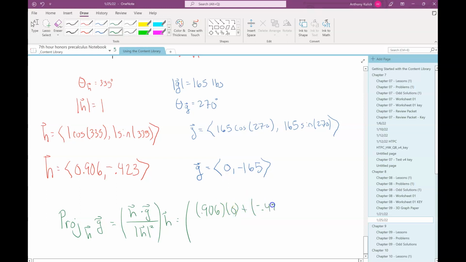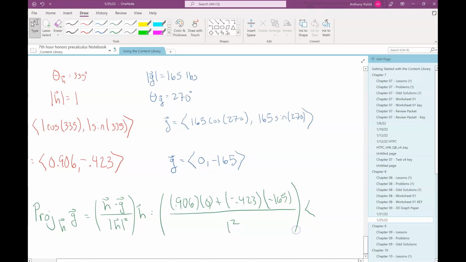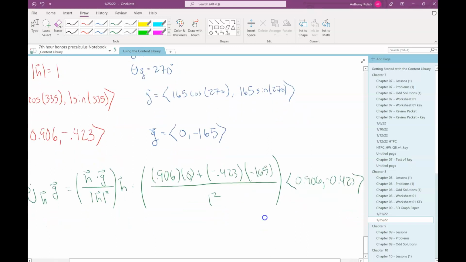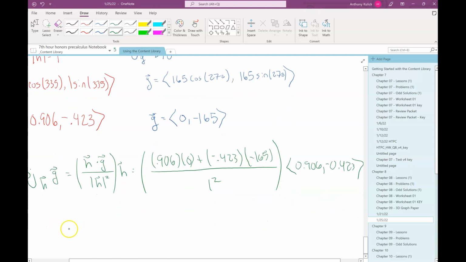So we'll do our dot product here. I'll do my projection calculation and go to my calculator.